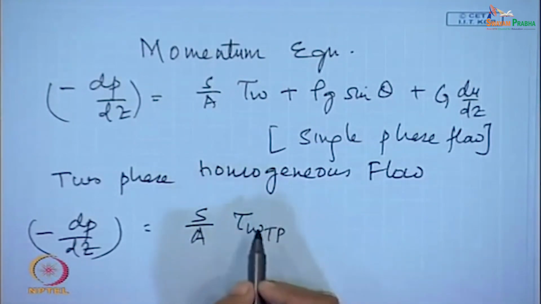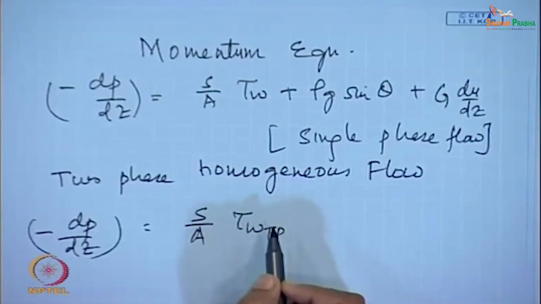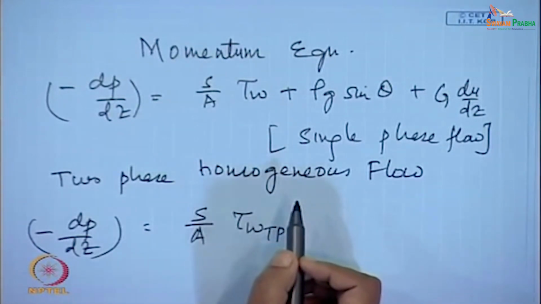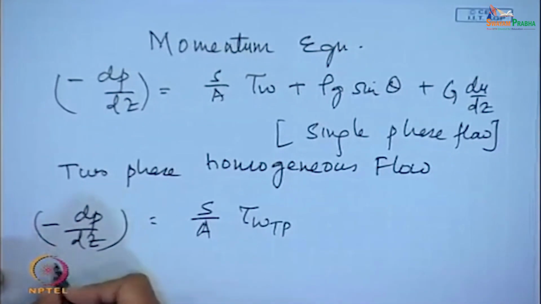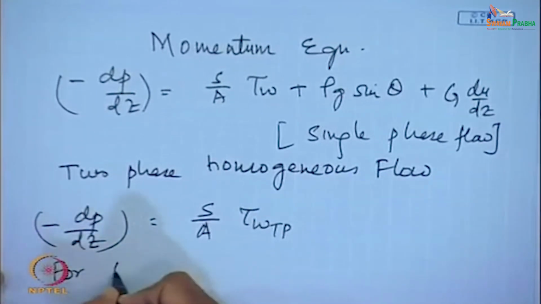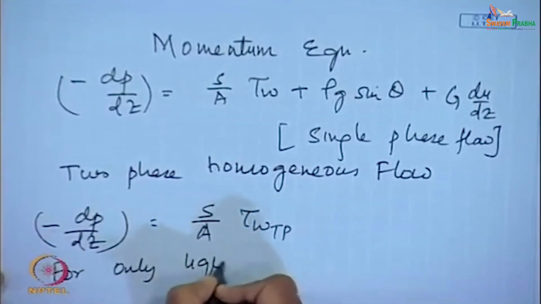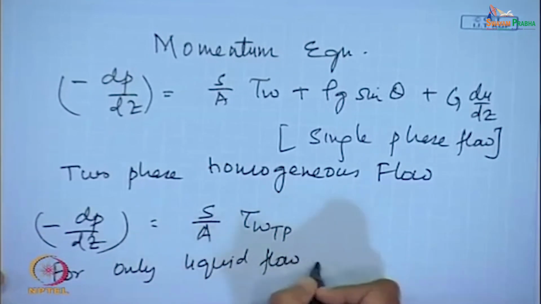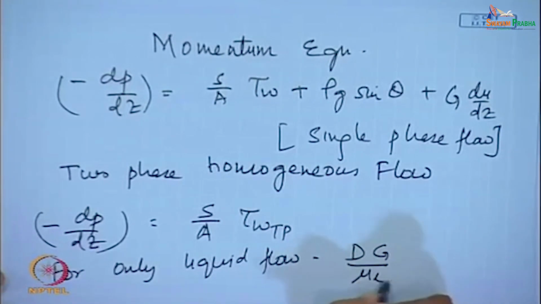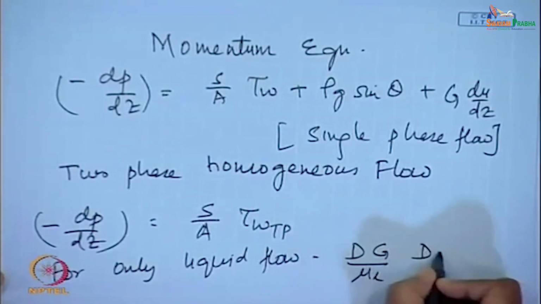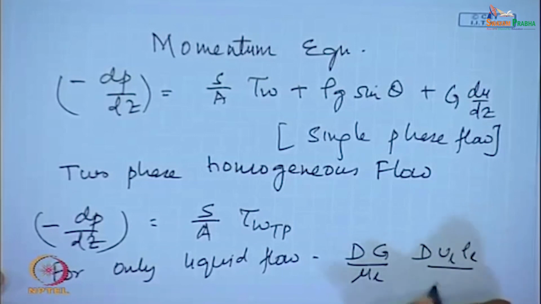Because tau w two phase, or rather any wall shear stress, is a function of friction factor. If it is a function of friction factor, it is a function of Reynolds number. If it is a function of Reynolds number, then try to remember, for only liquid flow, what is the Reynolds number? It is d g by mu L, or in other words d u L rho L by mu L.